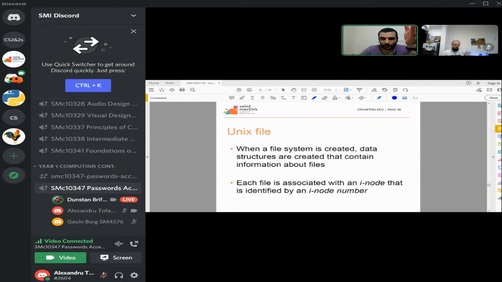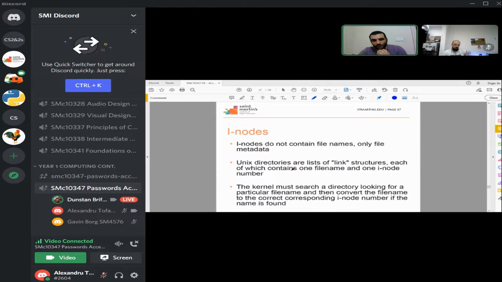But basically, files are associated with what are called inodes, and you've got an inode number. The inodes themselves don't contain the actual names but metadata. And as I said before, you've got a spaghetti junction of these different pointers and structures pointing from one end to the other all over the hard disk. The idea is that it isn't easy to find something.